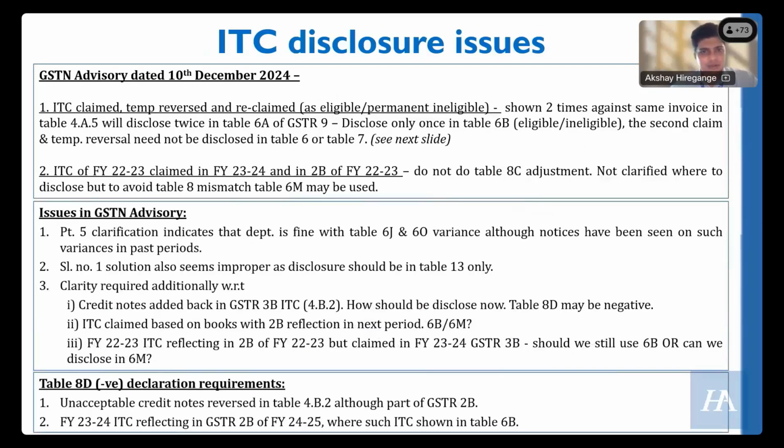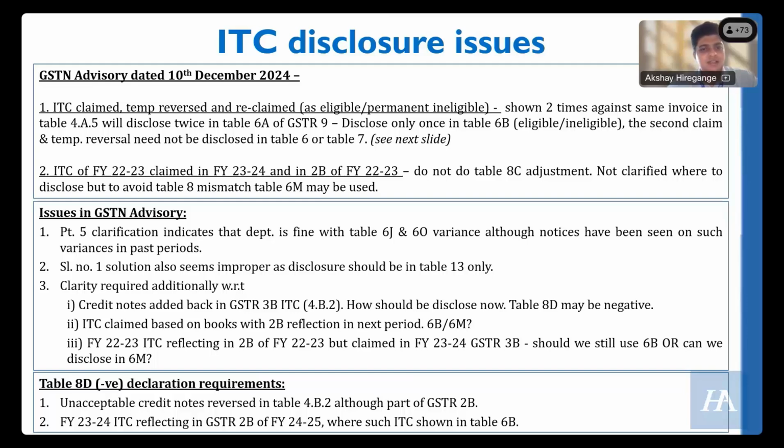So advisory came out saying that ITC which is claimed, temporarily reversed and reclaimed in the same financial year, reversal which is there, you need not disclose at all.